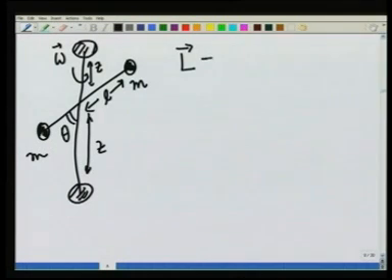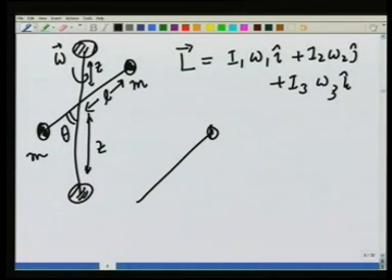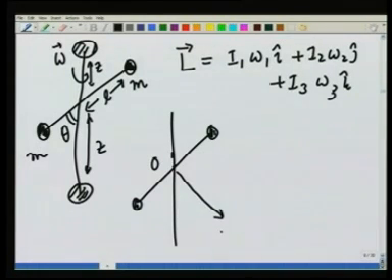L in principal axis notation is going to be I1 omega 1 i plus I2 omega 2 j plus I3 omega 3 k, where these i, j, k refer to the principal axes of the body. Now, this is a rigid body. Let me choose this as the origin O, the x axis like this, y axis like this, and z axis coming out.